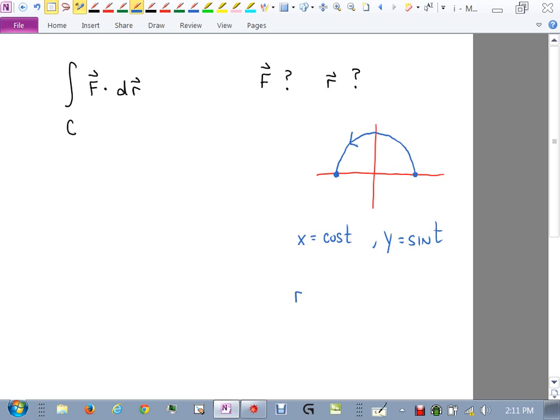This time I want to write it this way. r of t equals the vector function cosine t, sine t. It's the same thing, right? If I give you this and I say, give me the parametric equations, you would give me those two. All I'm doing is I'm starting with what we've been doing, and I'm converting it back into the vector. What's our restriction on t here? 0 to pi.